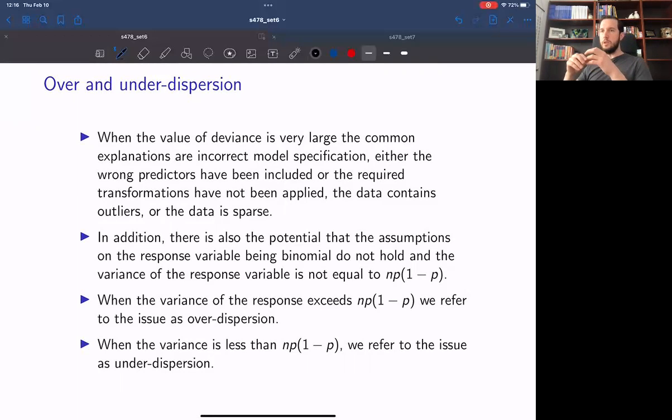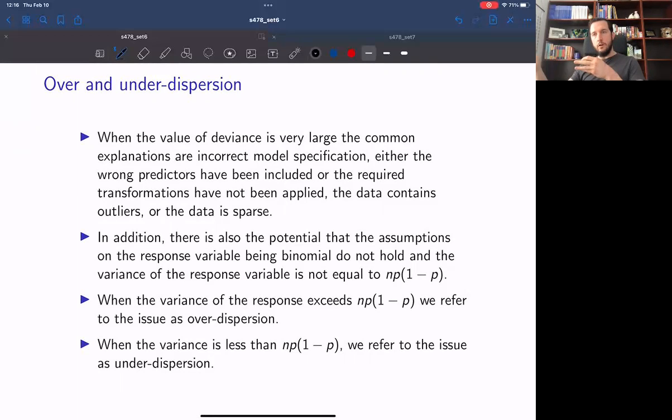So when we're using the deviance to evaluate a fitted model, ideally the deviance would not result in rejection of the null hypothesis, so it wouldn't give evidence that the maximal model is required. And we would also like the value of the deviance to be close to its degrees of freedom.